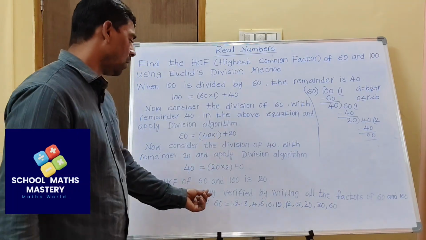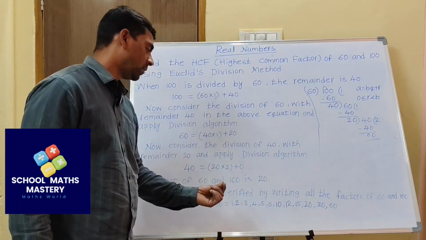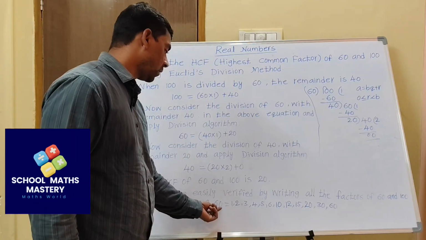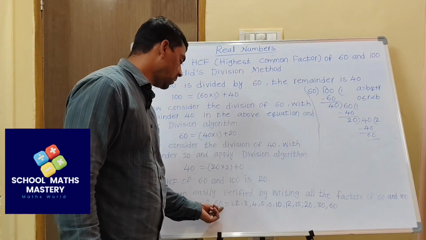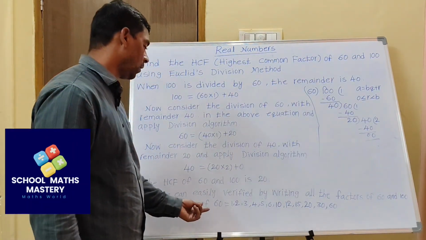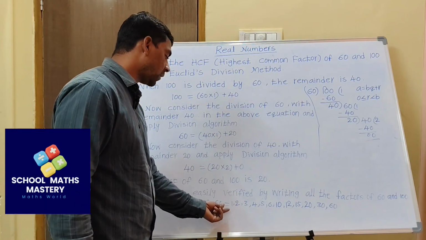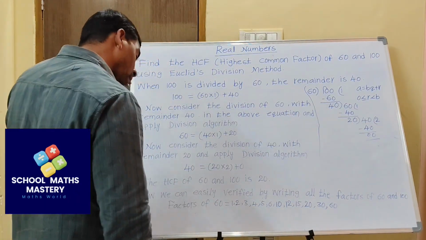Look here, 1 is a factor of all numbers, and the given number is also a factor of that number. 60 is its own factor.